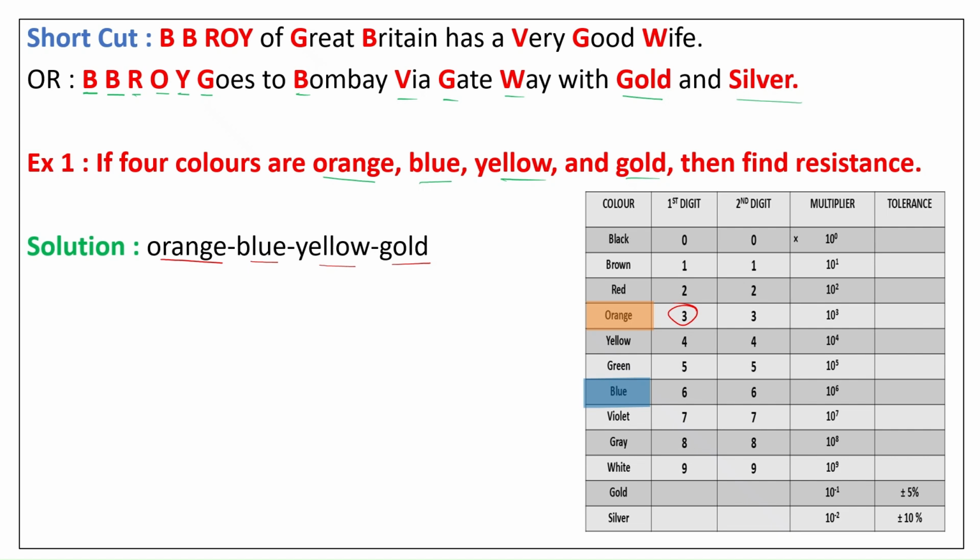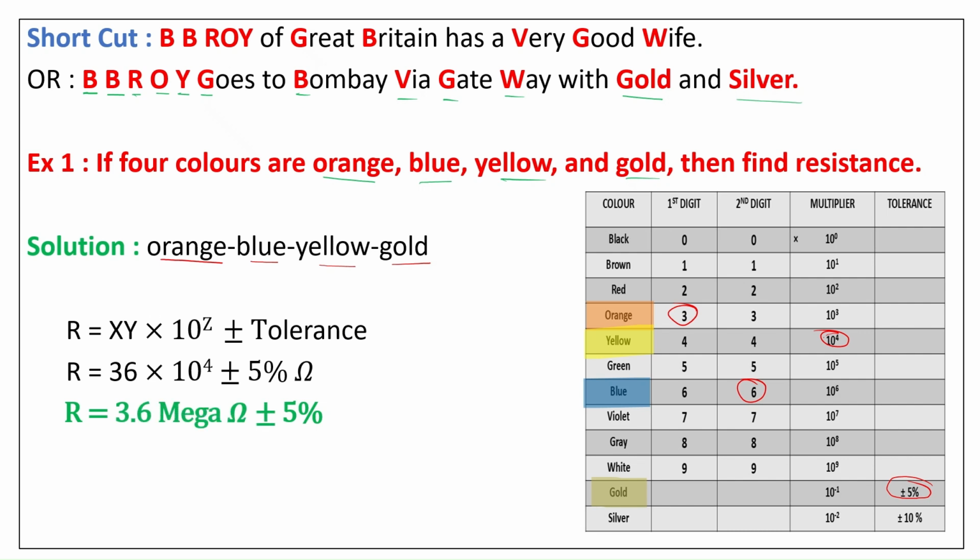Second color is blue and the second digit is 6. Third band is yellow, so it is 10 to the power 4. Last band is gold, so tolerance is plus or minus 5%. Therefore, R is equal to 36 into 10 to the power 4 plus or minus 5% ohm. So we got the resistance of the resistor having orange, blue, yellow, gold color bands. R can also be written as R is equal to 3.6 mega ohm with plus or minus 5% tolerance.